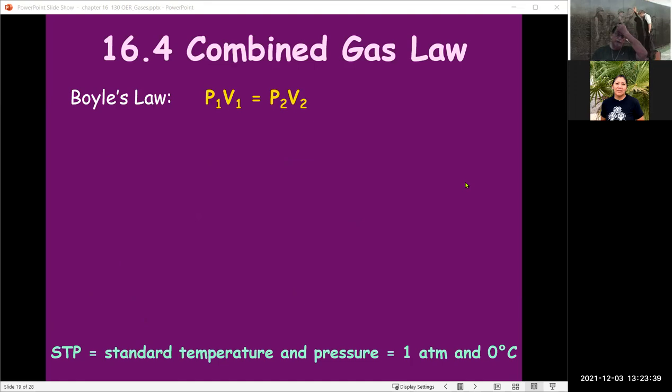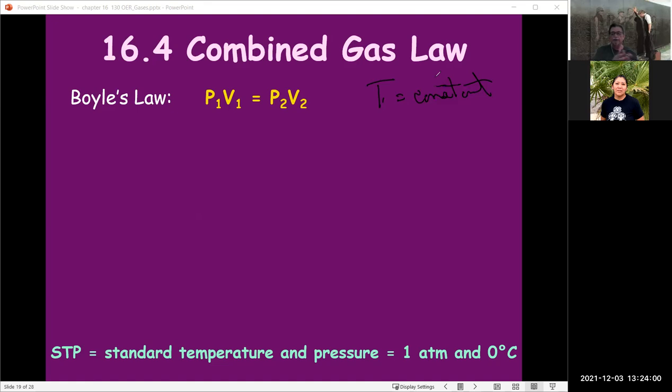And that's where Charles, Boyle, he did a lot of work with respect to gases while holding the temperature constant. Okay, temperature is equal to a constant temperature here, whatever that may be.